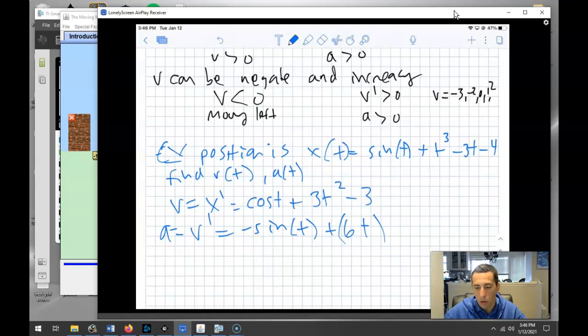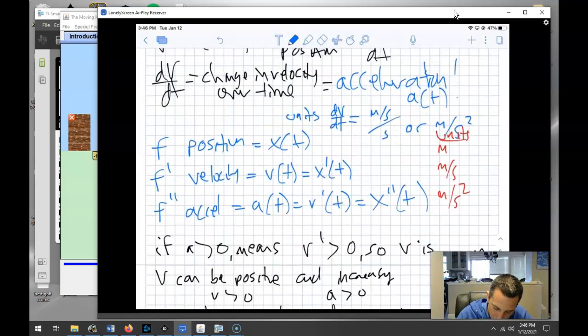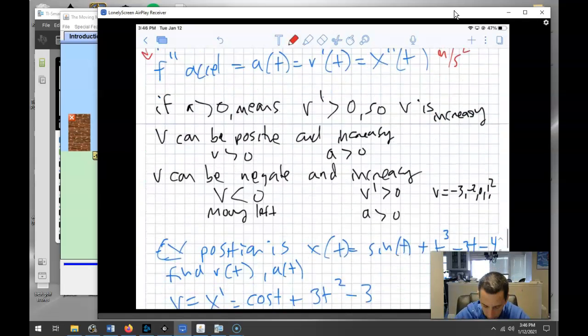Okay, so we could go the other direction as well. Just like how you can go down this chart by taking a derivative, you can go up the chart by taking an integral. If you integrate acceleration, you get velocity. If you integrate velocity, you get position.